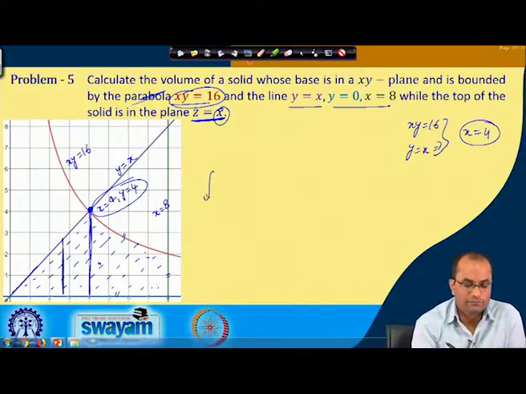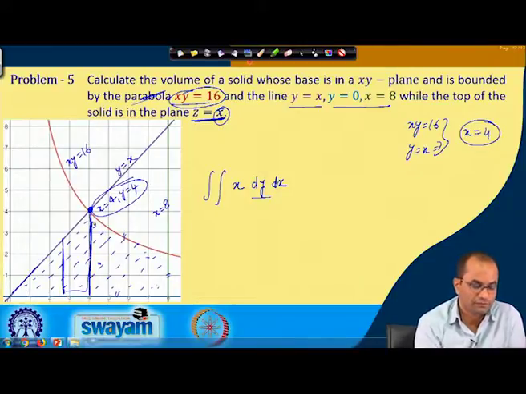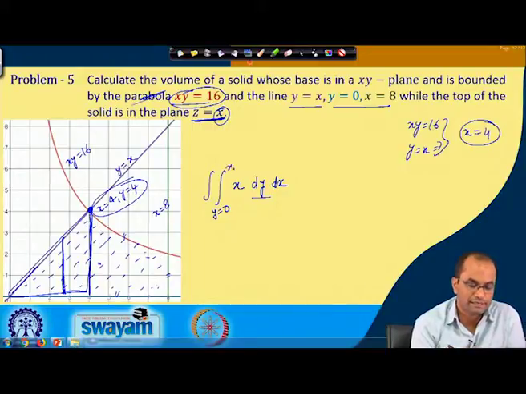So, we need to have two integrals now, in the direction of y first and then in the direction of x, and the integrand is going to be x. For the first region, which is this triangle, y goes from 0 to the curve y equals x, and then x moves from this point to this point, that means 0 to 4.